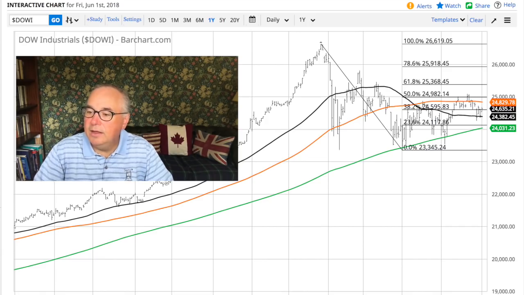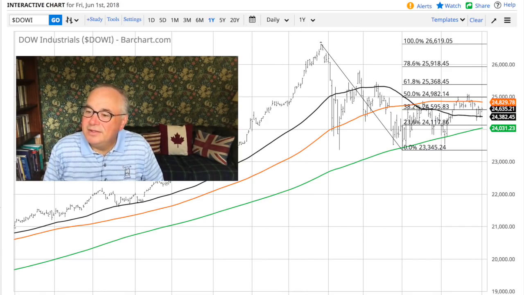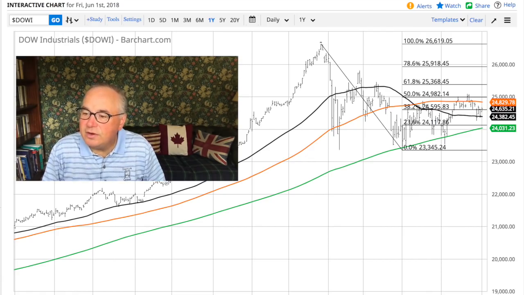And again, this time it's the 50% that's been holding quite well. Recently, we tried to get back above the 50%, which is just below 25,000. It's 24,982, and it failed. It tried twice there, as you can see, and it failed.